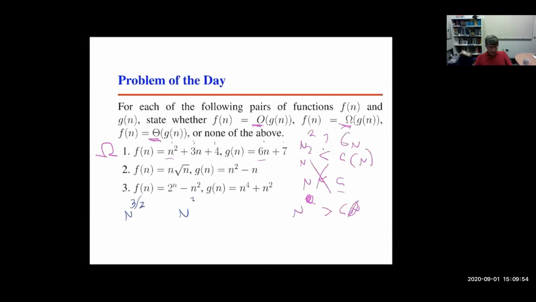The way I think about this is n squared can be rewritten as n to the 3/2 times n to the 1/2. Does everybody agree? When you have the product of two polynomial terms, you add up the exponents. So n squared is n to the 3/2 times n to the 1/2.